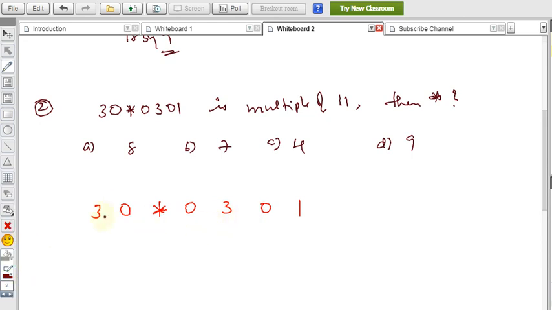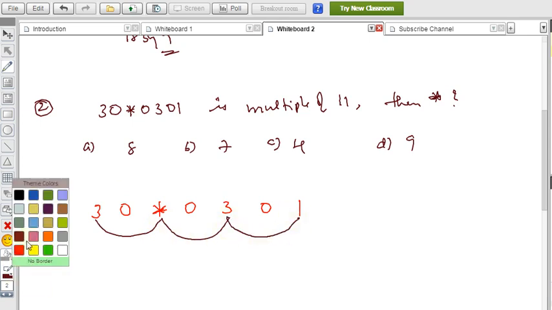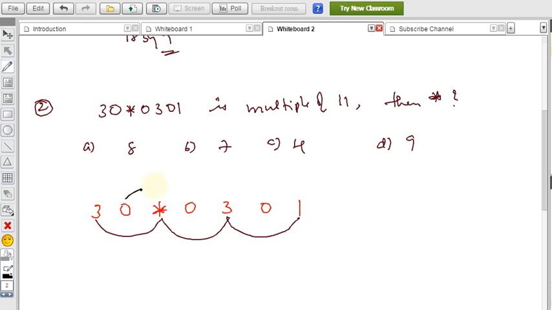This is one set and another is these numbers, the even places and odd places.